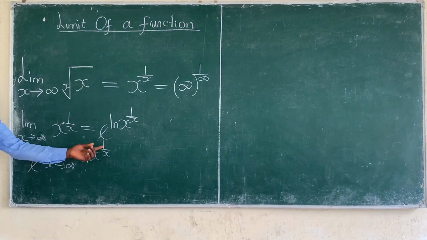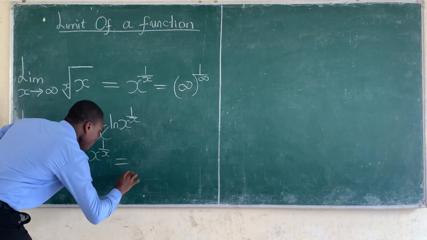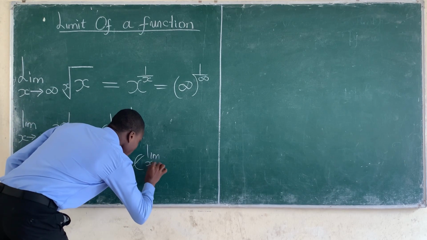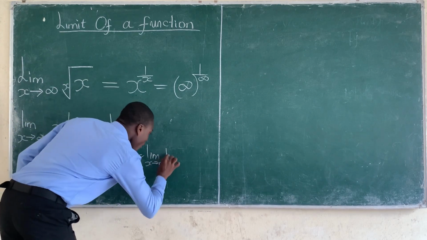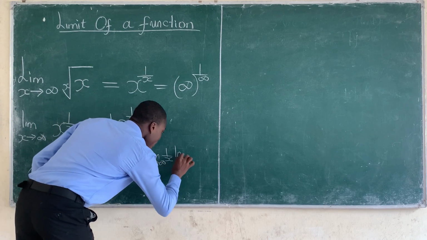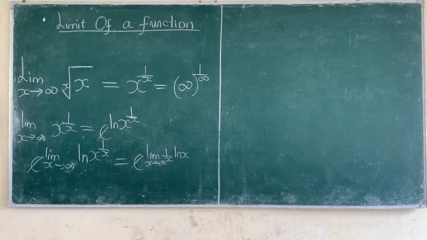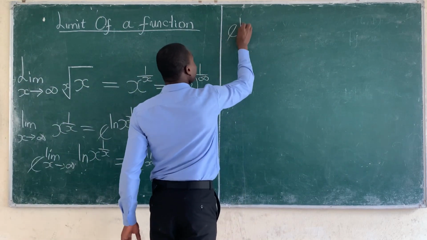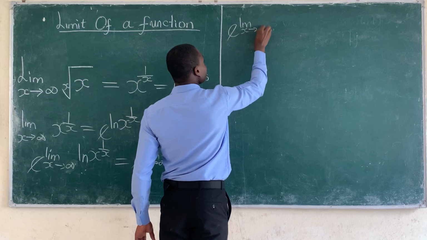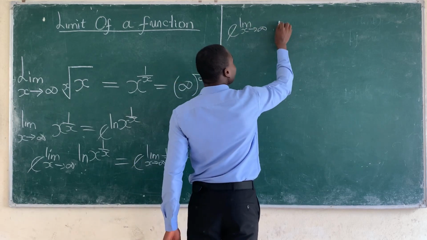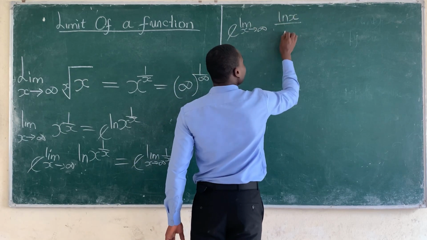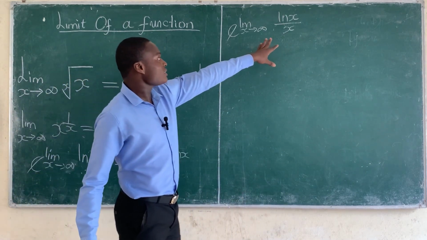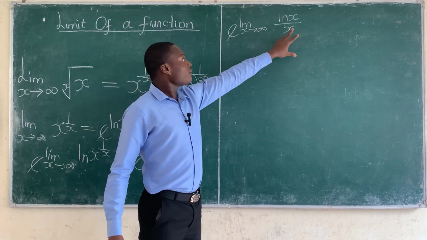But we know that 1 over x will come over, so we have e to the limit as x approaches infinity of 1 over x ln of x. So this is what we have. So we can write this as e to the limit as x approaches infinity of the ln of x over x.